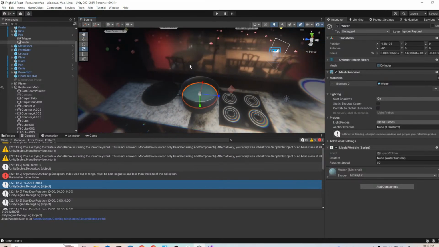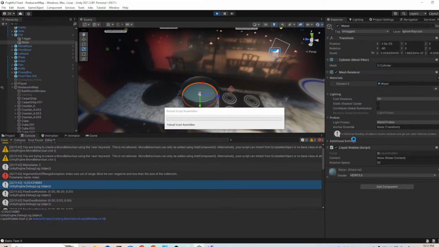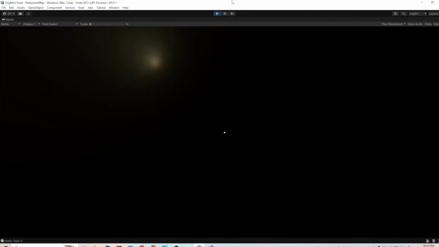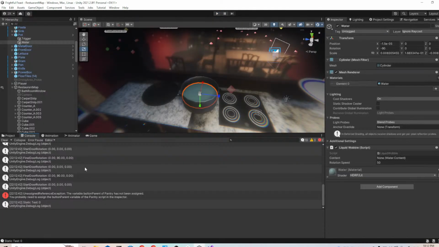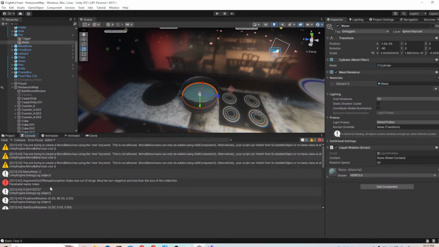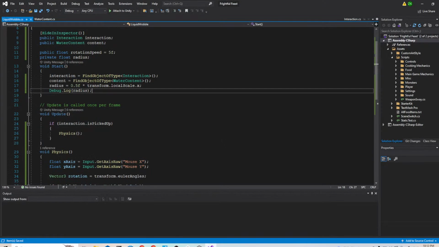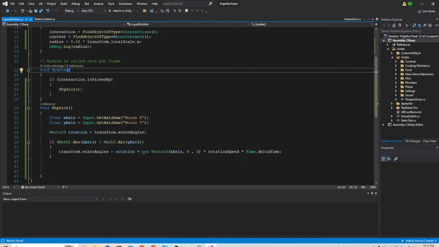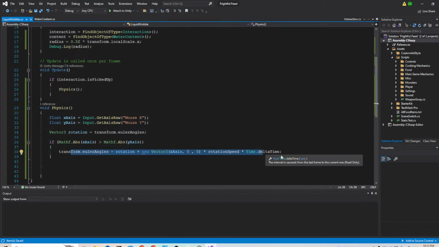That's roughly the radius, and then it'll halve that to get the radius. So the radius is that. Okay. So when we rotate it, we will do some calculations.